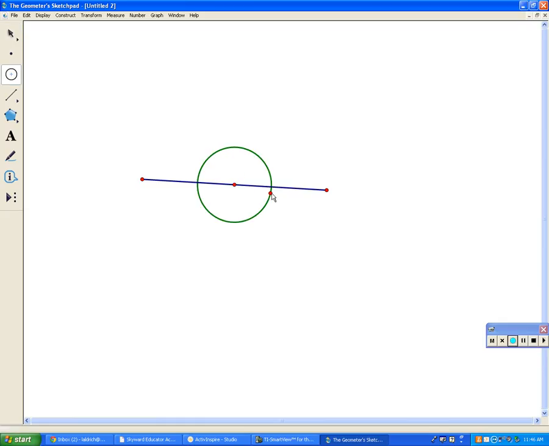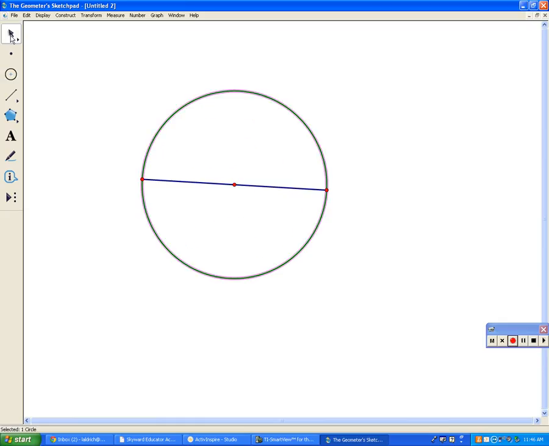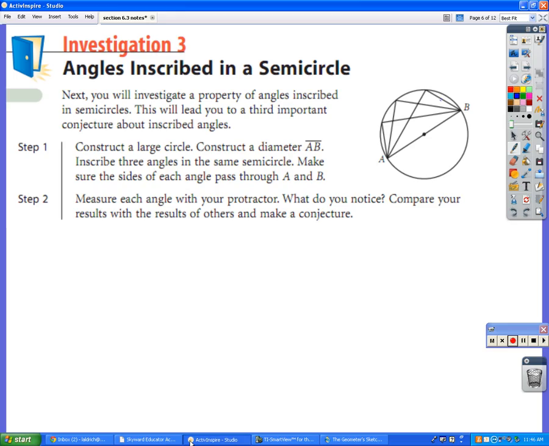All right, so that means that if I have a diameter of a circle, not a pokeball, a diameter of a circle, and I make an inscribed angle there, this angle will always be what? 90 degrees, because the measure of this arc right here is 180, and this is going to be half of that. It doesn't matter where I put that, that's always going to be a 90 degree angle.